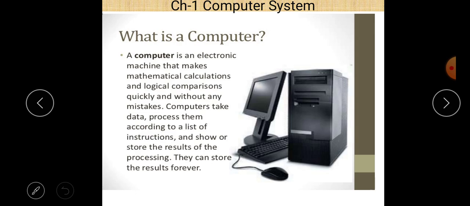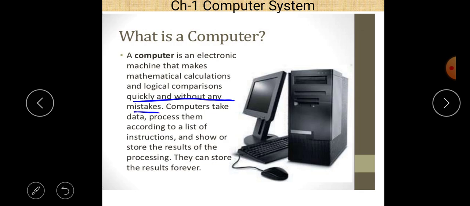So a computer is an electronic machine that makes mathematical calculations and logical comparisons quickly and without any mistakes. That is my most important point: quickly and without any mistake.